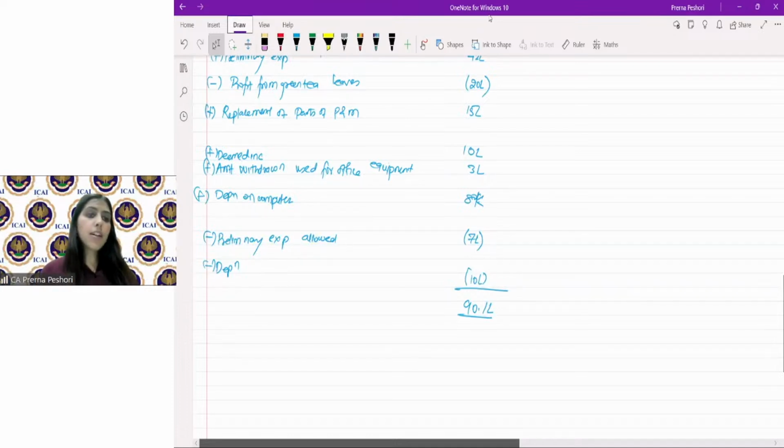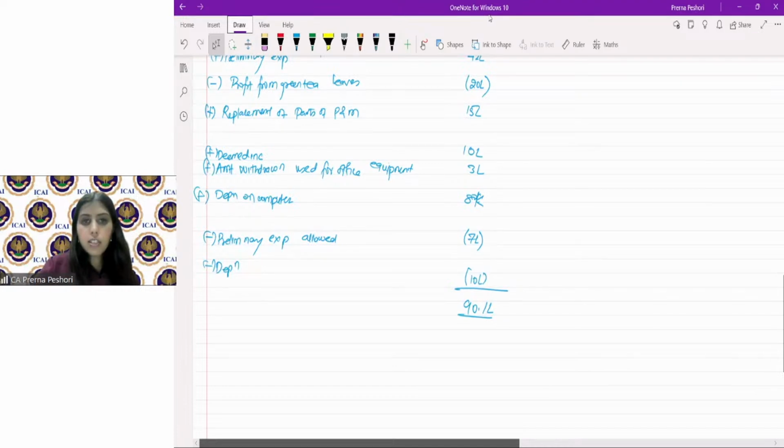How much will be the deduction? Please calculate for me. 36.04 lakh, 40%. Deduction is 6 lakh.